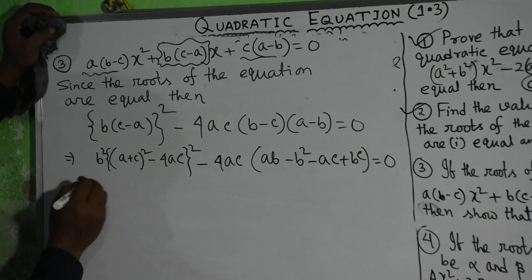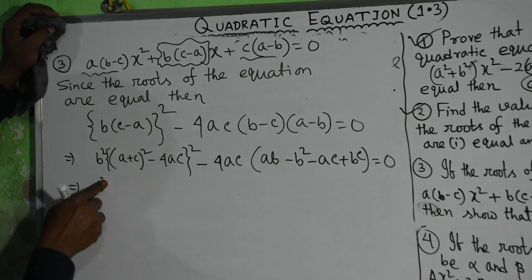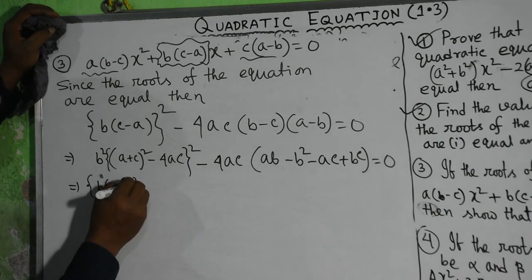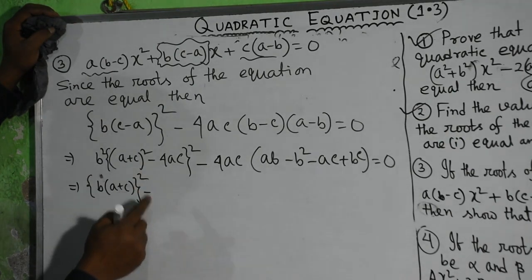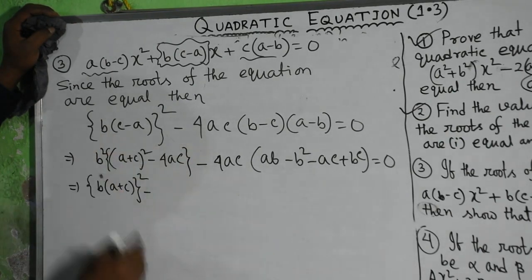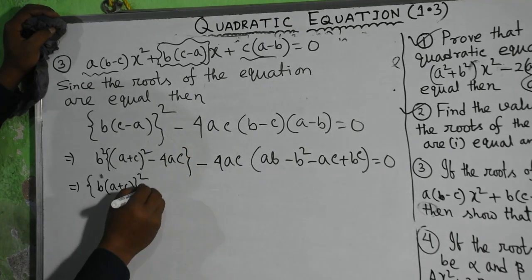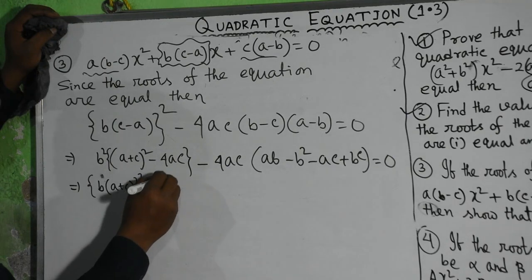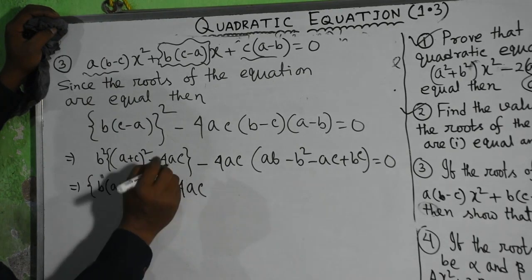So now b square, or b into a plus c whole square minus b square into 4 into ac.